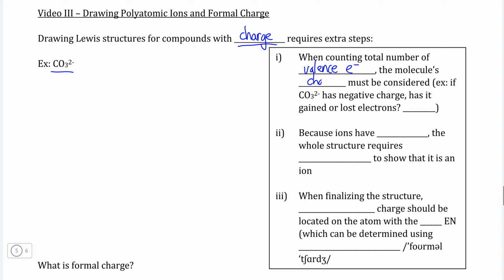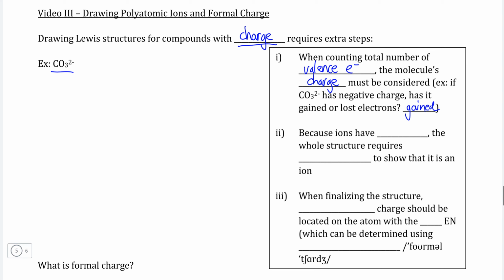This is because the total compound has charge, meaning that if it is negatively charged, it has gained electrons compared to the neutral atoms. And if this polyatomic ion had positive charge, that would mean that it has lost electrons compared to the individual atoms. This is easier to understand when we actually go through the procedure of doing this.